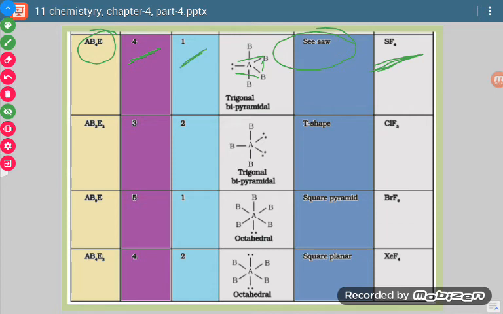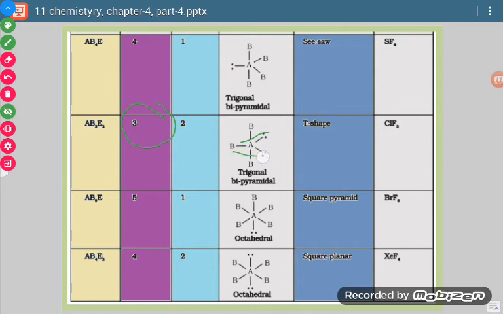Okay, now when we talk about AB3E2, there are 3 bond pairs and 2 lone pairs. Okay, now total are 5, so they will also be arranged in the trigonal bipyramidal form or triangular bipyramidal form.